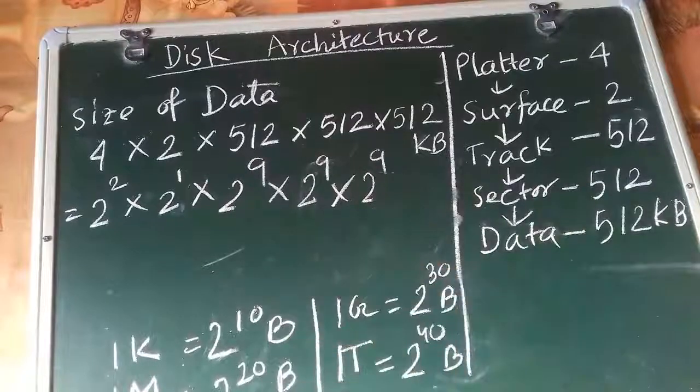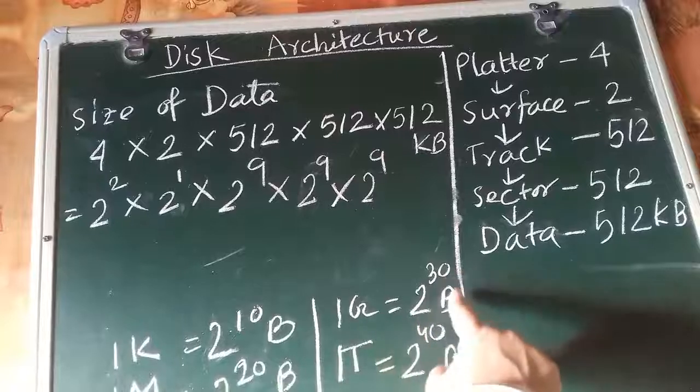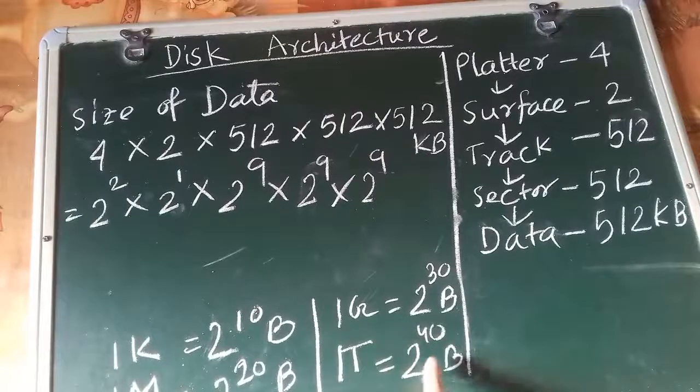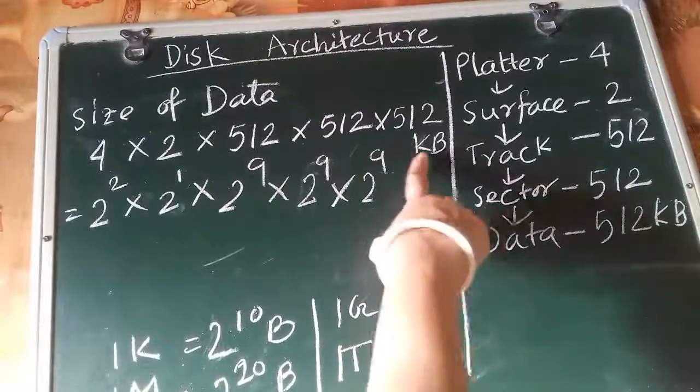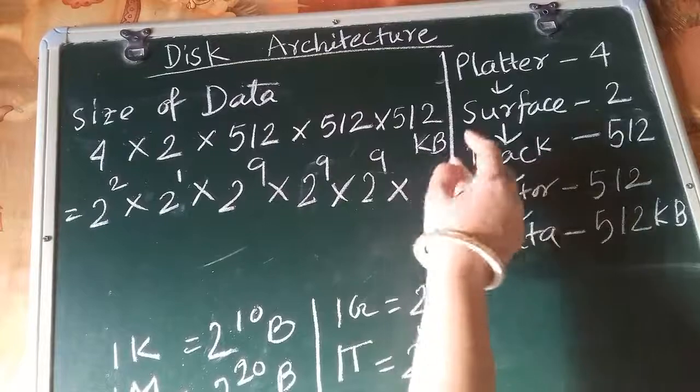But how do we change KB? We know 1K equals 2 to the power 10 bytes, 1 mega equals 2 to the power 20 bytes, giga is similarly 2 to the power 30, and tera equals 2 to the power 40 bytes. Here we have kilo, so we take 2 to the power 9 KB.